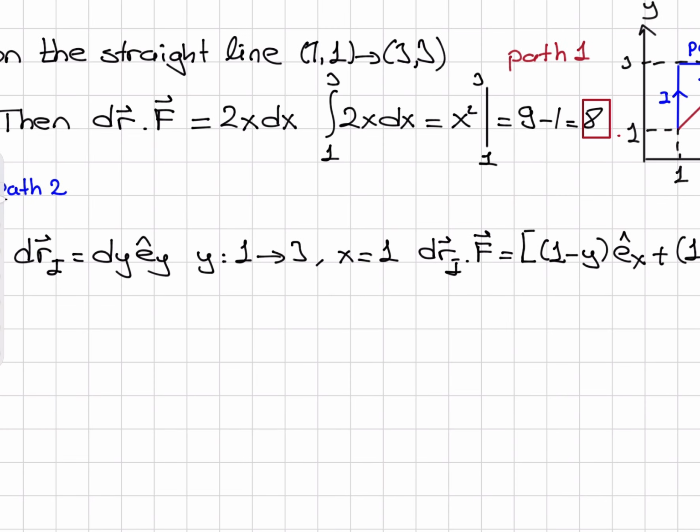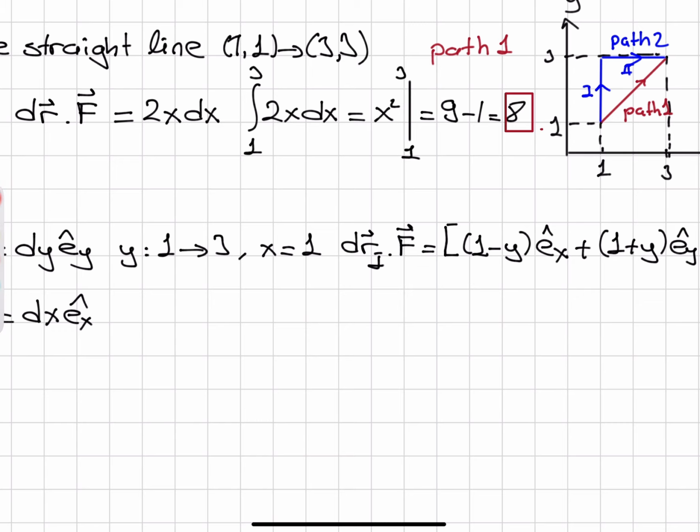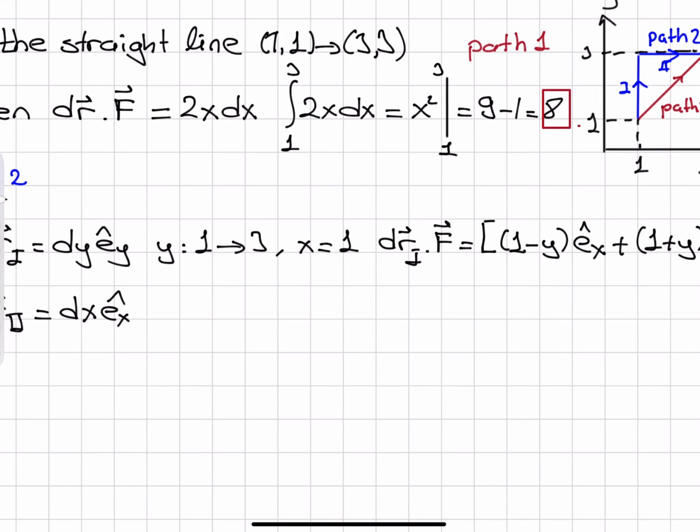And as for the second one, dr2, I have dx ex hat, because I'm moving on the x-axis from x equals 1 to x equals 3. Y is fixed at 3. So this is x going from 1 to 3. Y is fixed at 3.